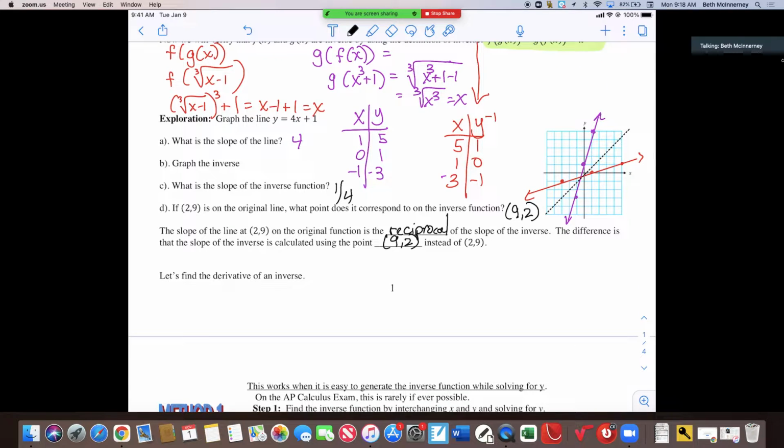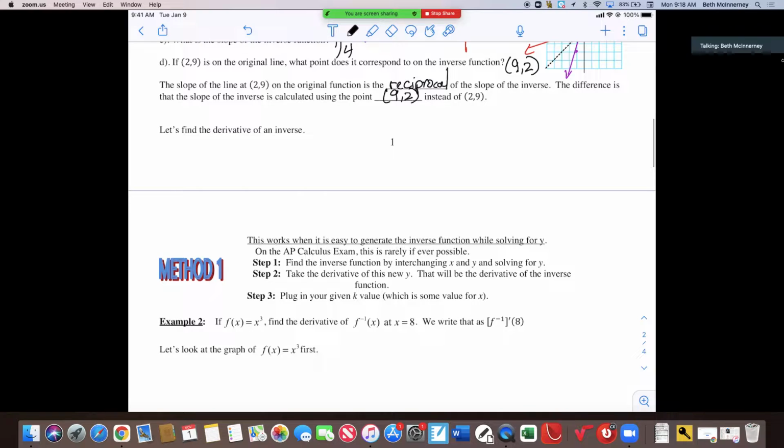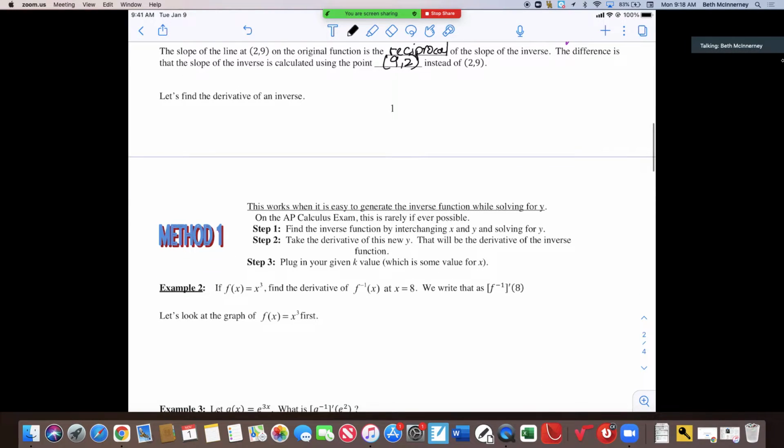So let's find derivatives of an inverse. And I'm going to show you 3 techniques. Sometimes they work in one manner and not another, so that's why we need some different techniques, and some are easier than others. So let's look at method 1.